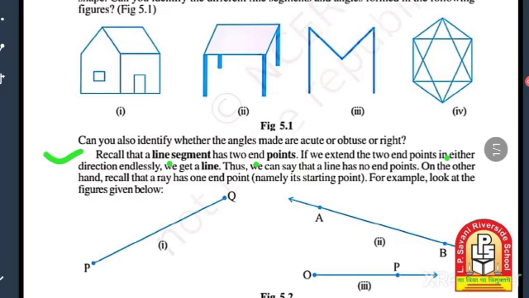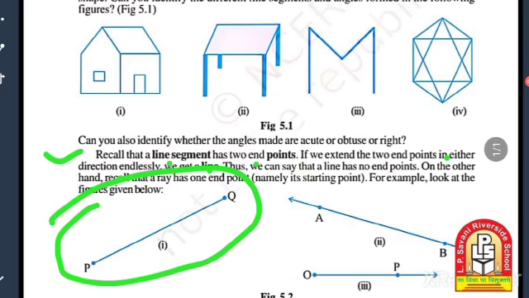If we extend the two endpoints endlessly in either direction, we get a line. So this is the line segment. Here the length of PQ is limited and the ends are fixed. They are not endless; they have a complete end.